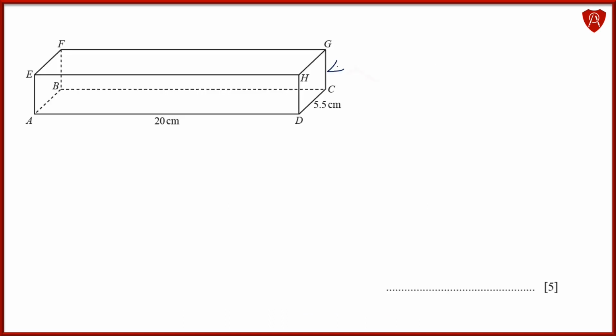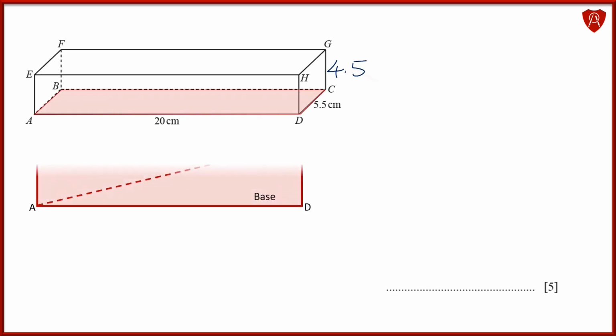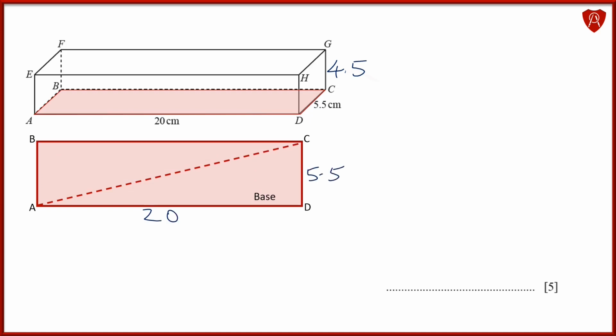So we already know GC is 4.5. To work out the length AC, we need to pull out the base, whose lengths are given 20 and 5.5, because that is the length of DC.